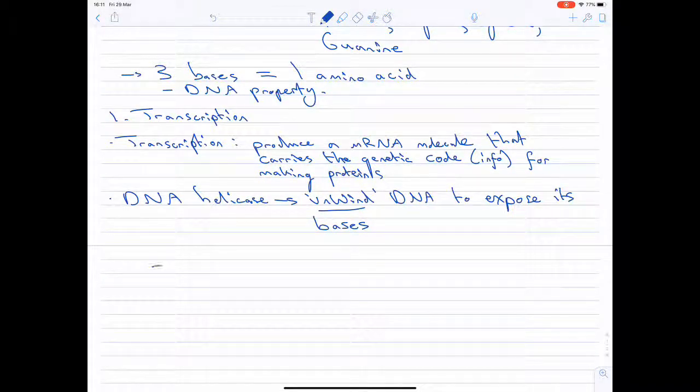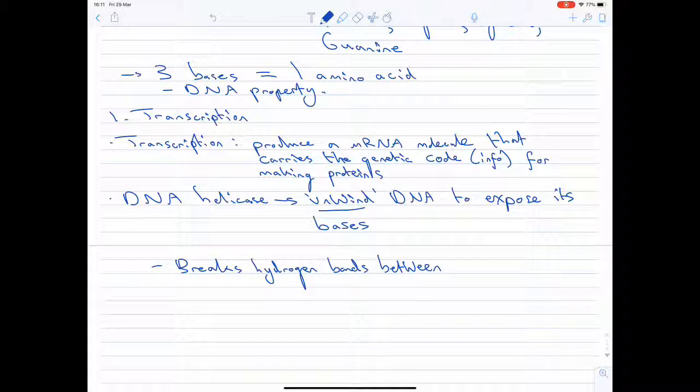And the way this works is that DNA helicase breaks the hydrogen bonds between the complementary bases. So that's very important. That's the first stage in transcription, to actually break the DNA.